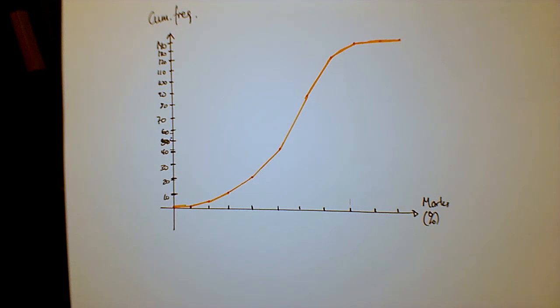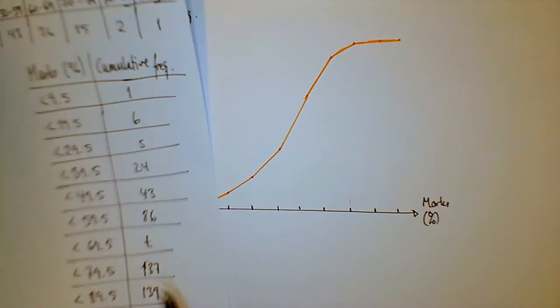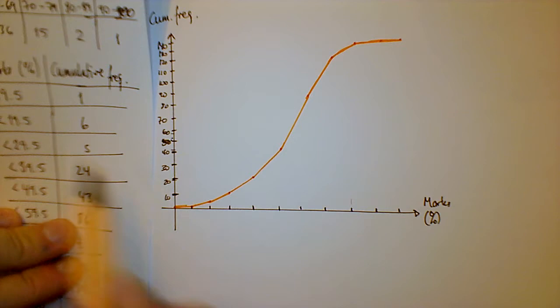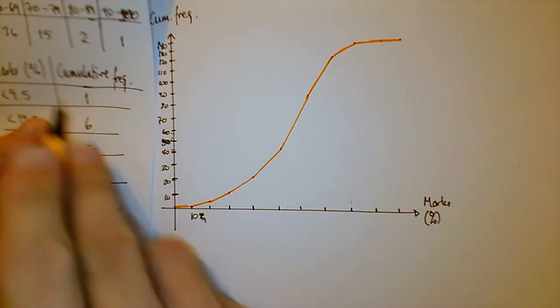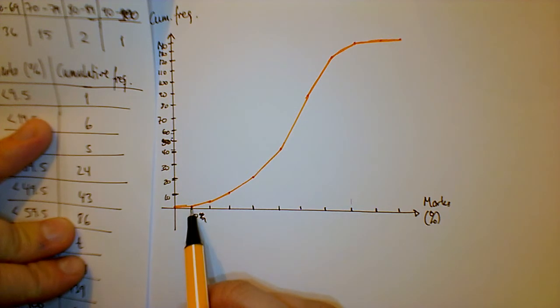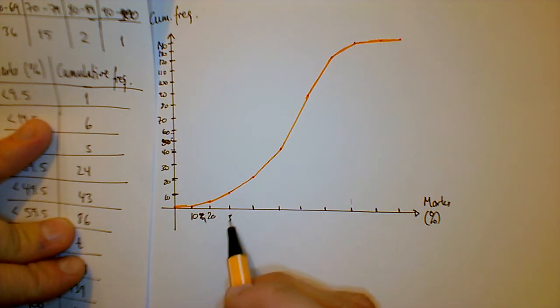The first thing here is between 0 and 10%, so this should be 10, that's this one person, so that's the lowest one here. And then we have 20%, 30, 40, 50, 60, 70, 80, 90, and 100%.